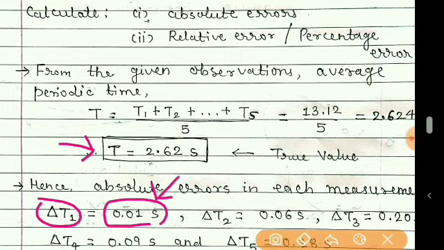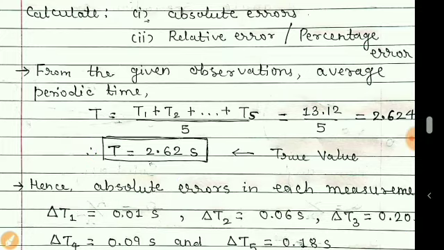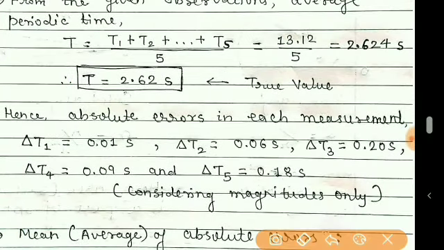Similarly, subtract the second reading or second observation from the true value, you will get 0.06 second. Similarly, if you subtract the third observation from this mean value, then you will get 0.20 second. For the fourth reading it will be 0.09 second, and for the fifth reading it will be 0.18 second.